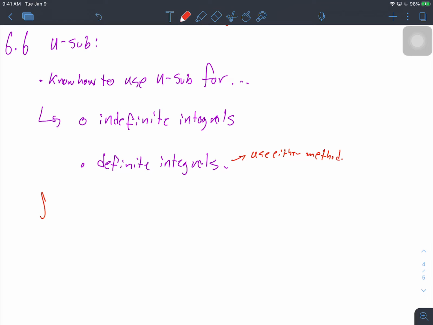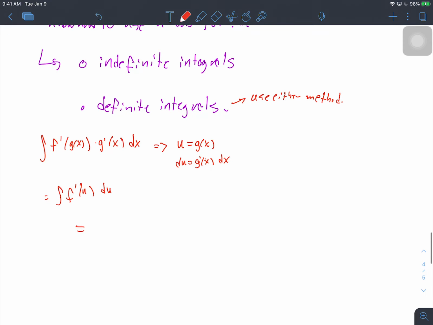So let me just remind you really quickly what u sub is about. If we have the integral of f prime of g of x times g prime of x dx, we're going to choose u to be g of x and du to be g prime of x dx. And then this integral will become the integral of f prime of u du. And we know that if we integrate the derivative, we will just get the function.